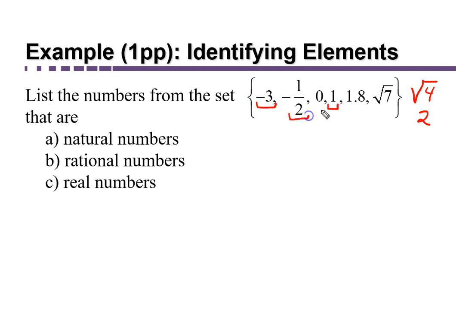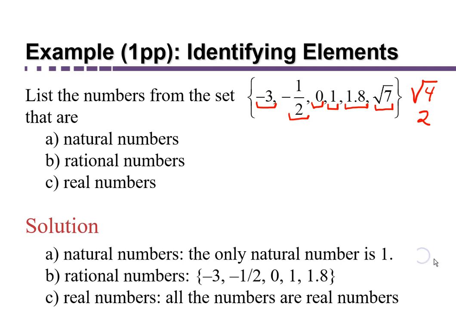This is rational. This is rational. This is rational. And the one that's not rational is the radical, the square root of 7, because in its decimal form, it would not repeat or terminate. And for real numbers, all of these are real numbers. They're all on the number line. And there's our solution.